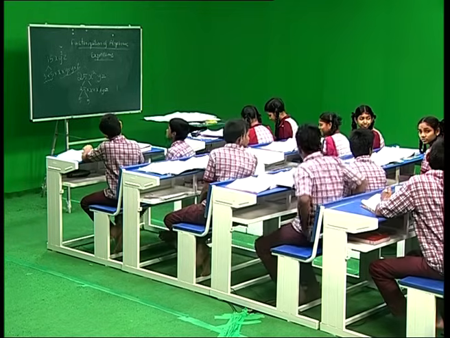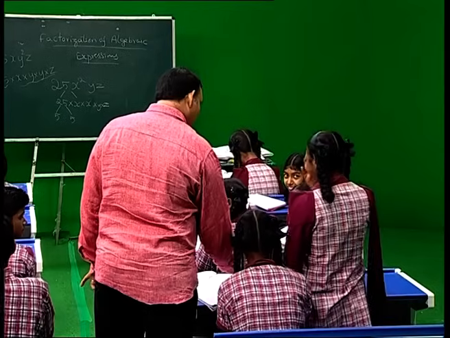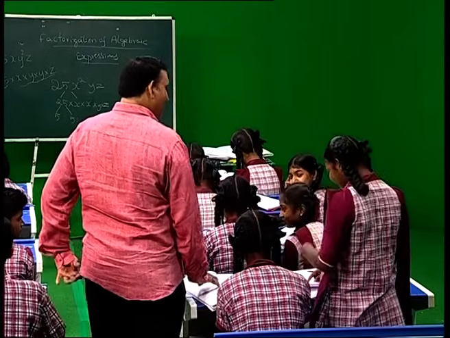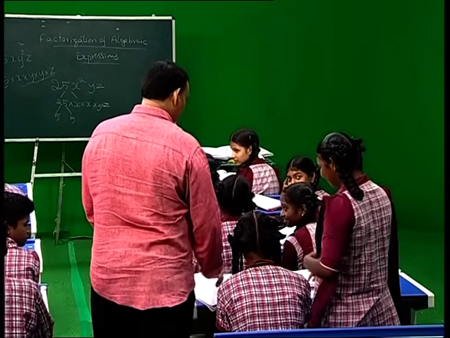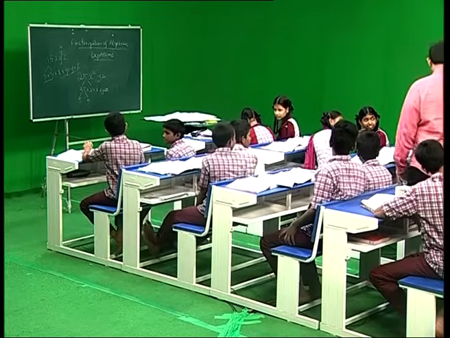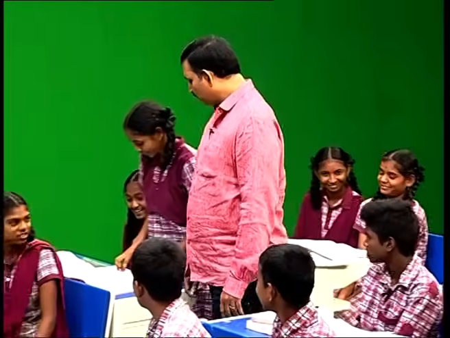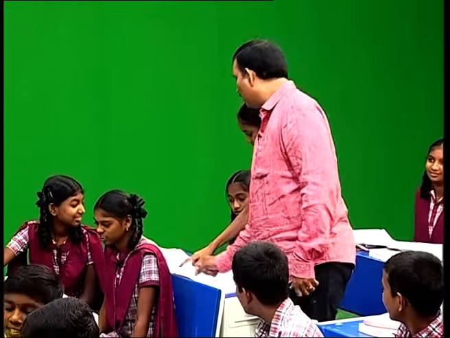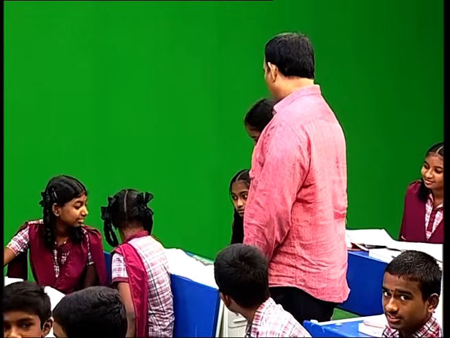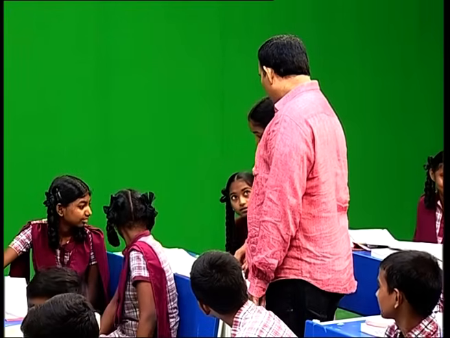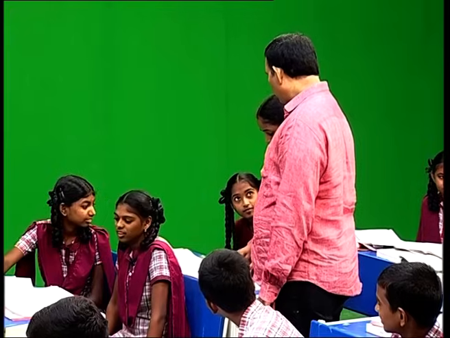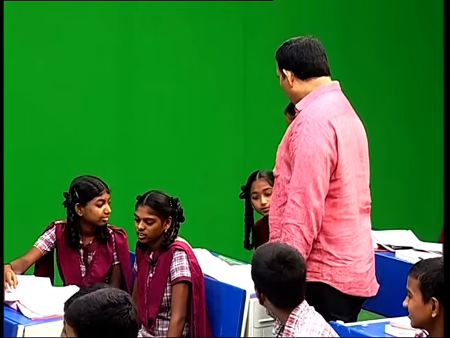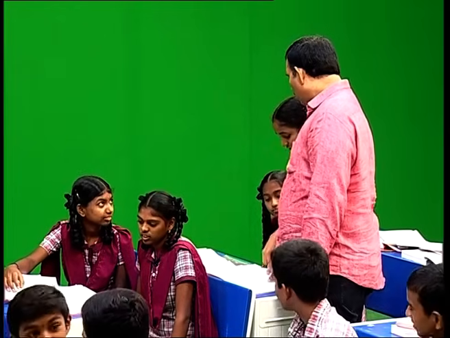What about this? 9x square y square. Very good: 3 into 3 into x into x into y into y. That's it. Very good. 4x y cube: 4 into x into y into y into y. 4 you can write as 2 into 2.